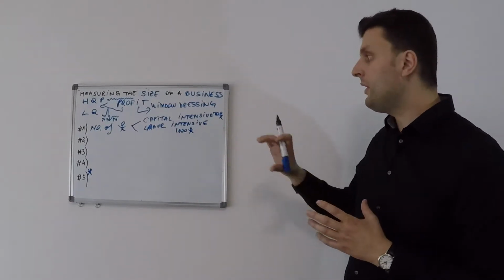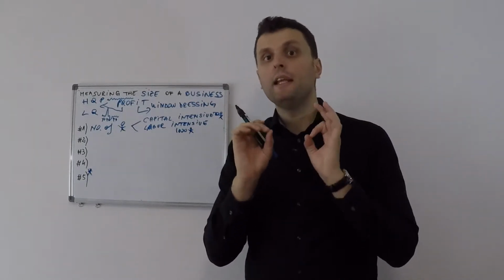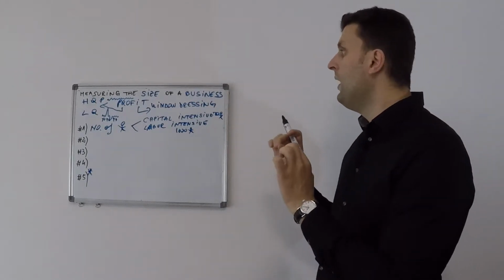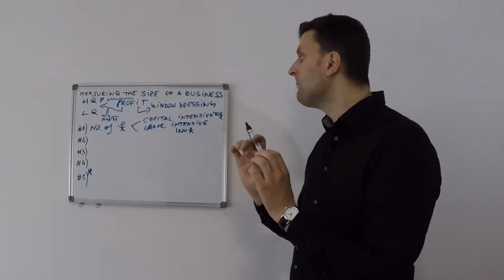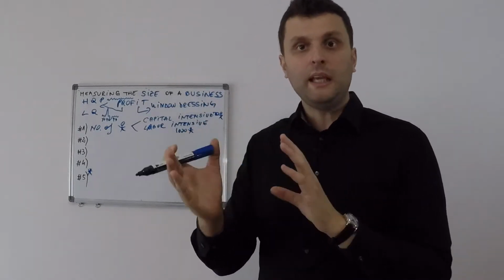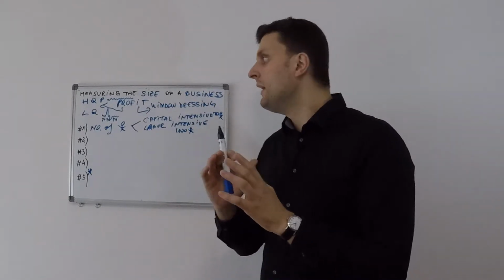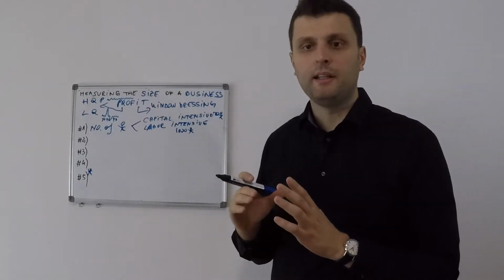So be very careful when you compare by number of employees, which I said is an indicator of how we look at the size of a company. Make sure that besides, as I've mentioned, both being in the same industry, they're both either capital intensive or labor intensive.